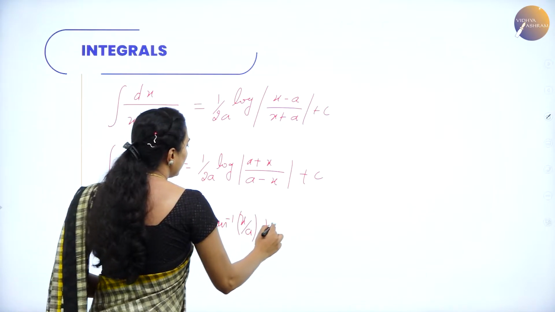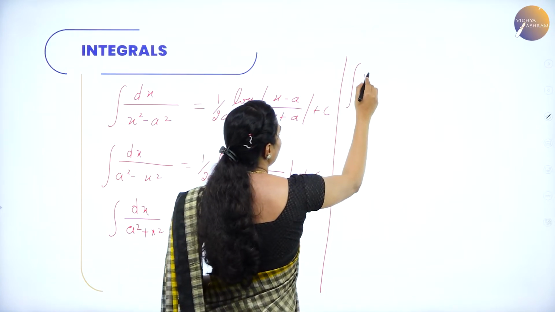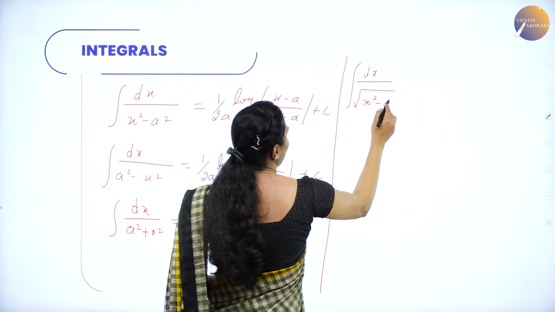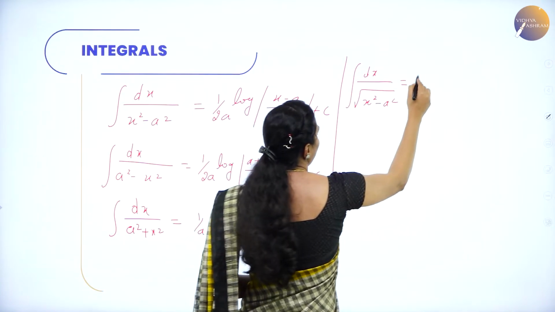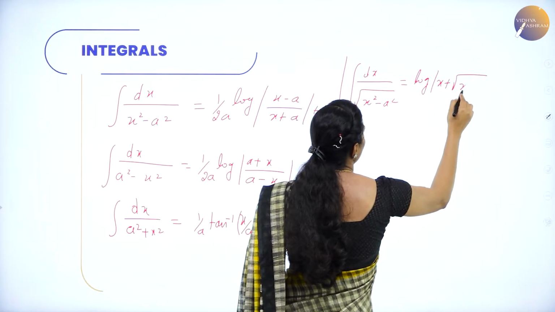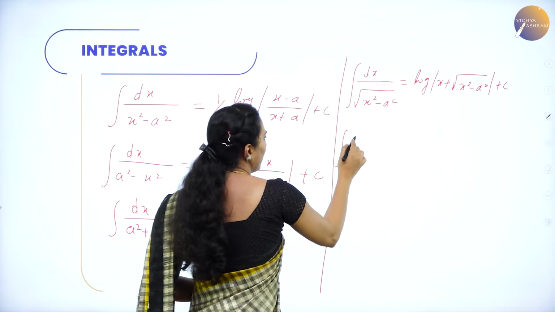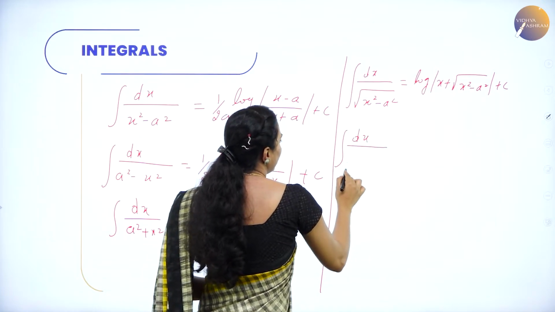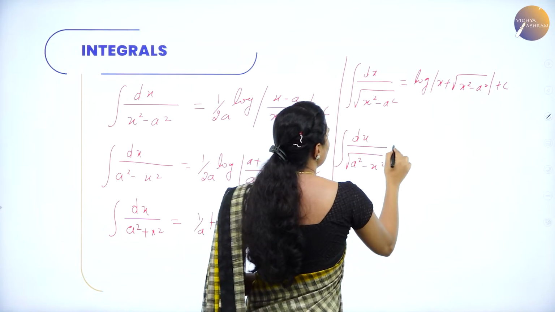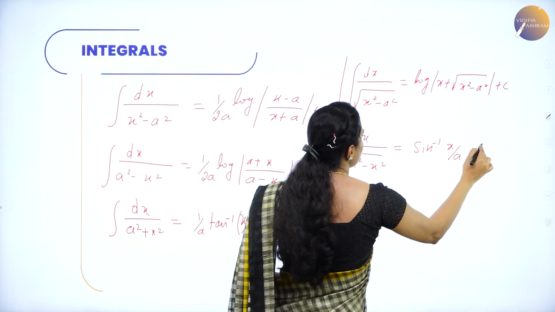Similarly, if you are having under the root, then integral of dx divided by under the root of x squared minus a squared is given by log of modulus of x plus under the root of x squared minus a squared plus c. Similarly, if you are having under the root of a squared minus x squared, you have sin inverse of x by a plus c.